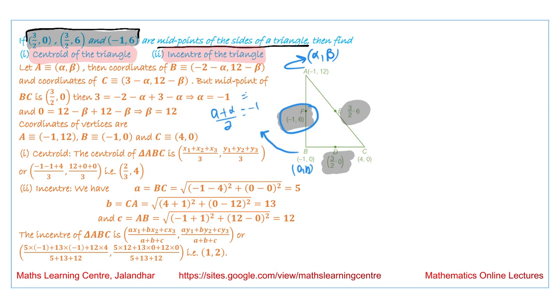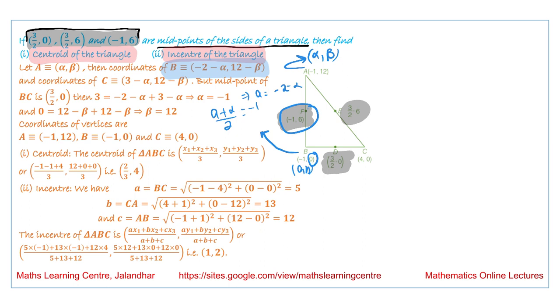This implies that the value of a is minus 2 minus alpha. Similarly, for the y coordinate, we substitute the value, and we get the coordinates of the point B as (minus 2 minus alpha, 12 minus beta).